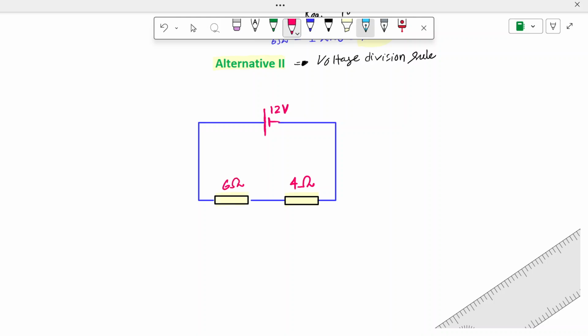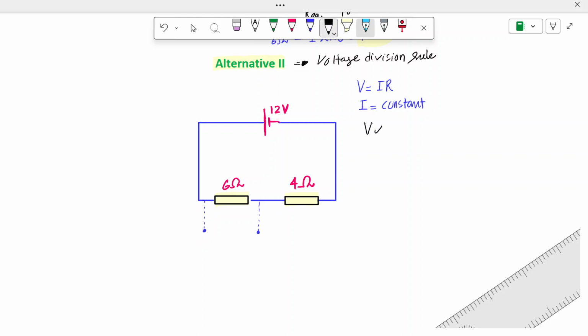Just for a moment, forget about the voltmeter that is already connected to the circuit. I want to know what part of the 12 volt is shared by the 6 ohms. According to Ohm's law, V is equal to IR. Since this is a series circuit, I is the same through both of them.